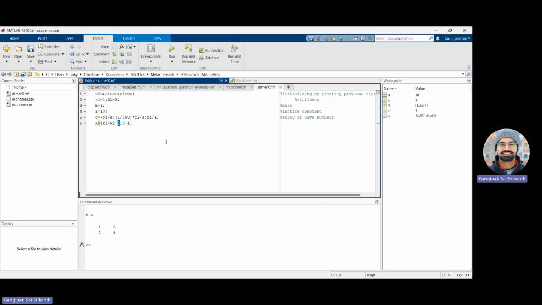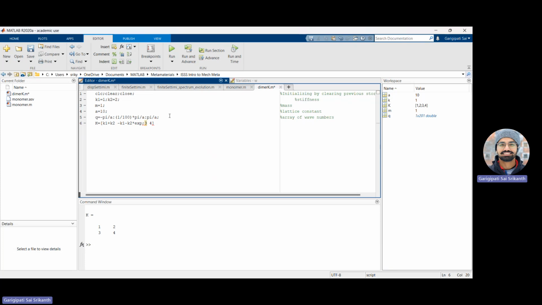Then the second term, minus K1 minus K2 into e power minus IQA. Okay, so minus K1 minus K2 into e power.